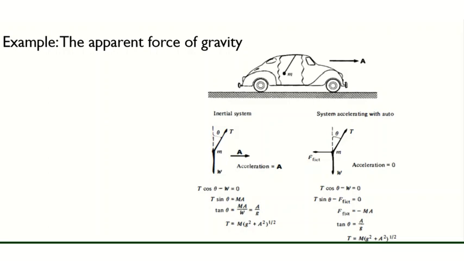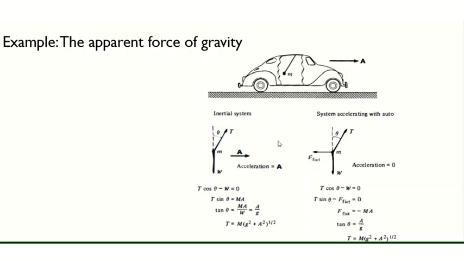These are the questions we are going to solve here. We shall analyze the problem both in an inertial frame and in a frame accelerating with the car. So the inertial system, and the system accelerating with the auto or the car. So here we are going to work this out.